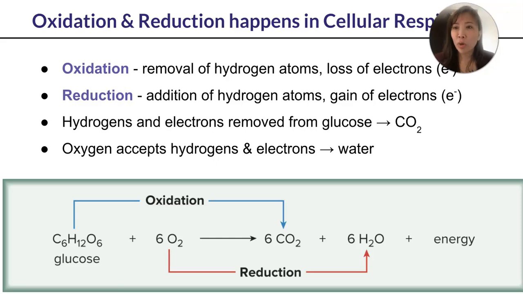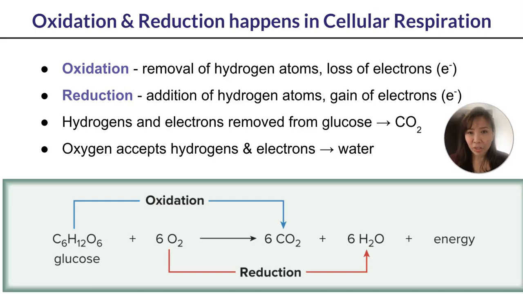Okay, two types of reaction that you can think about as we're talking about this are oxidation and reduction. What I want you to recognize and appreciate about oxidation and reduction during cellular respiration is that in oxidation, we're removing hydrogen atoms, and as we remove hydrogen atoms, we're losing electrons.